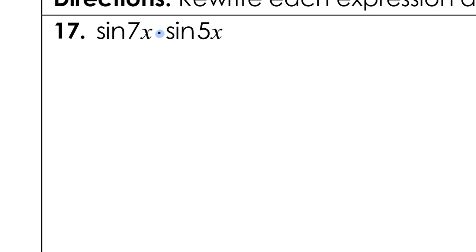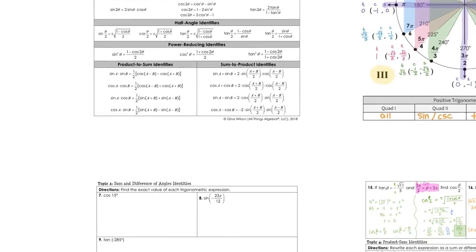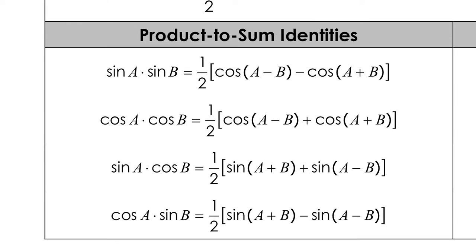So product first to sum. And this is sine times sine. So when we look at our identities, product to sum, sine times sine, we are going to follow this format: 1/2 cosine A minus B minus cosine A plus B.